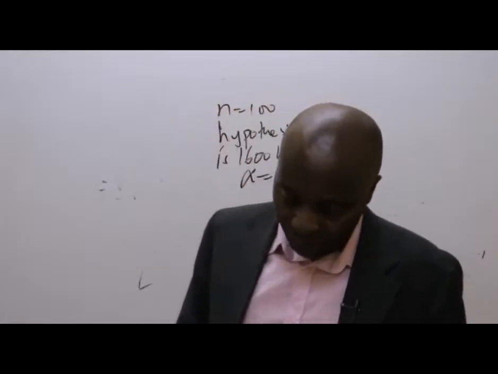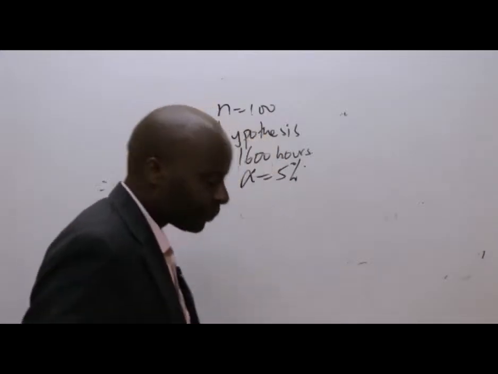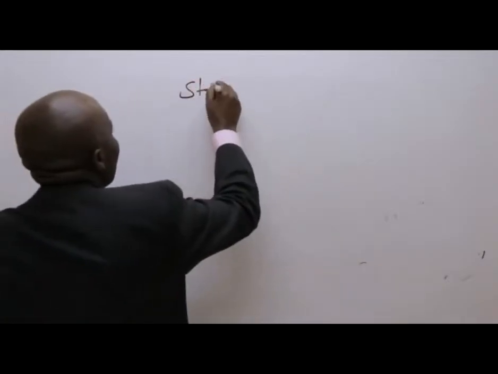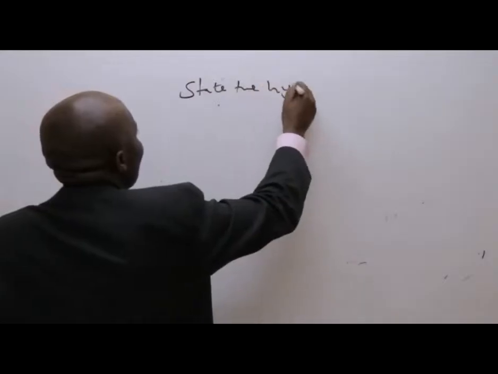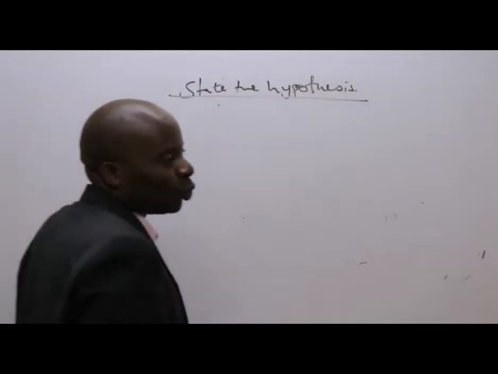This is very, very easy. So how do we get started? We state the hypothesis. So step number 1, state the hypothesis. Very easy. So the hypothesis, we normally have 2 claims.